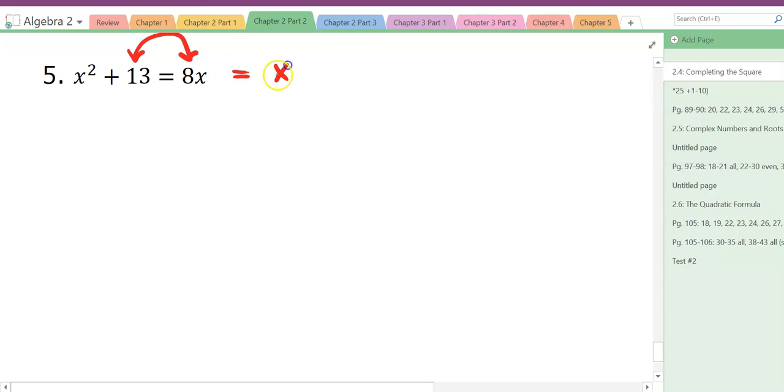So it's going to say x squared. 8x is going to get moved to the left side, so you're going to subtract it. So it becomes minus 8x. And then plus 13 is going to get subtracted to the right side. So it's going to say negative 13. So I'm going to give you a couple minutes. I want you to do the whole thing.